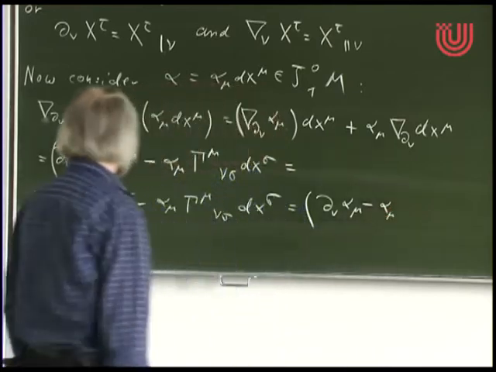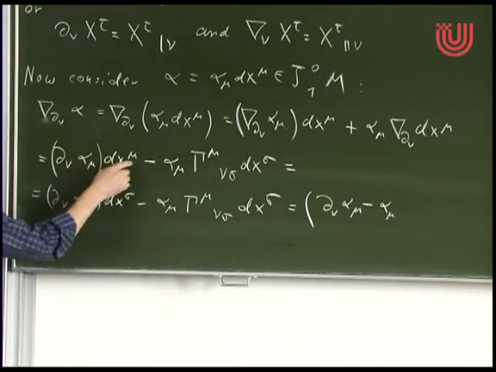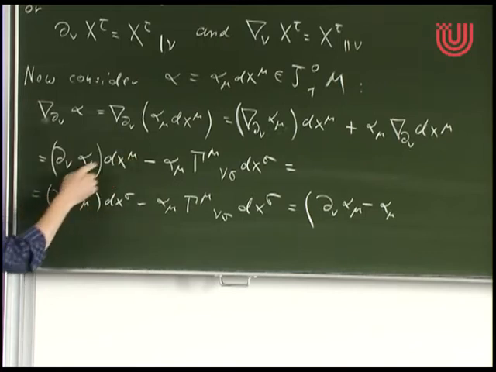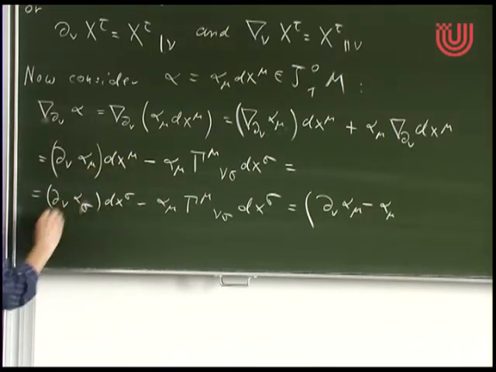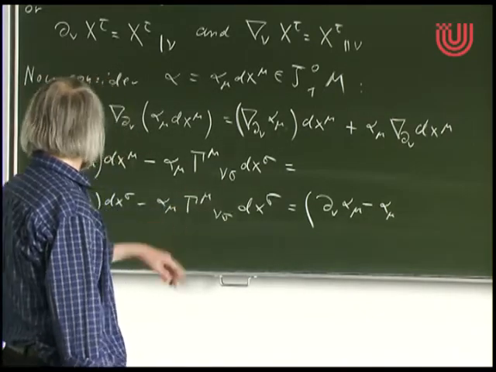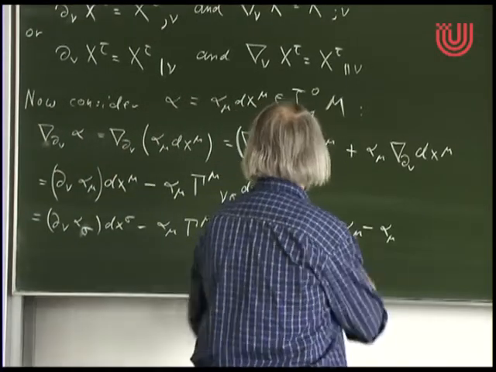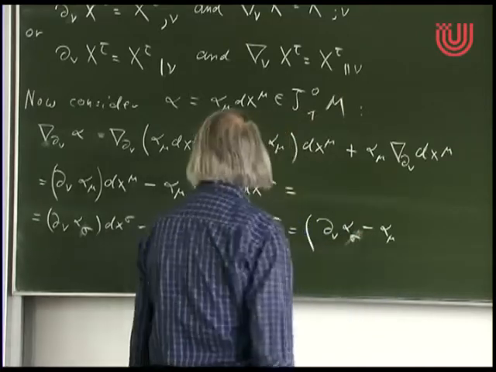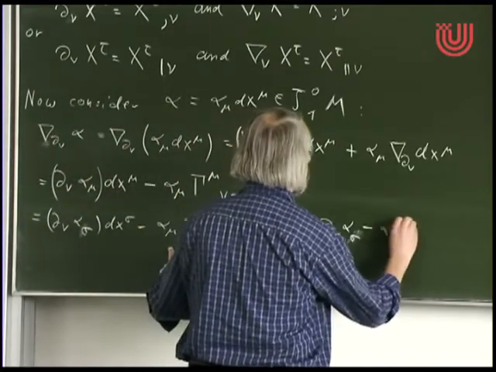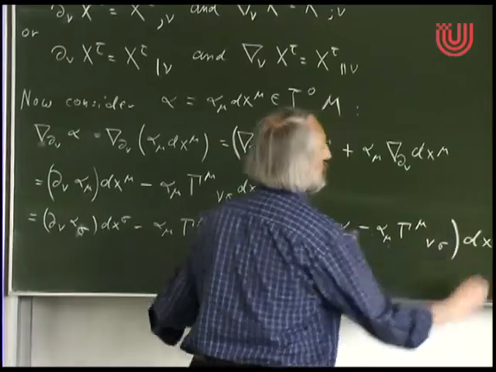Oh, what is with the indices? What has happened to the mu's? I said I call this sigma. I did it in one place, but I forgot to do it in the other place. Of course, I have to rename both indices, so this was an error. That's the reason why this looks funny; you can immediately realize that this doesn't make sense. So now I have d nu alpha sigma, and taking this out of the bracket, minus alpha mu gamma mu sigma, and now it looks fine, dx sigma.